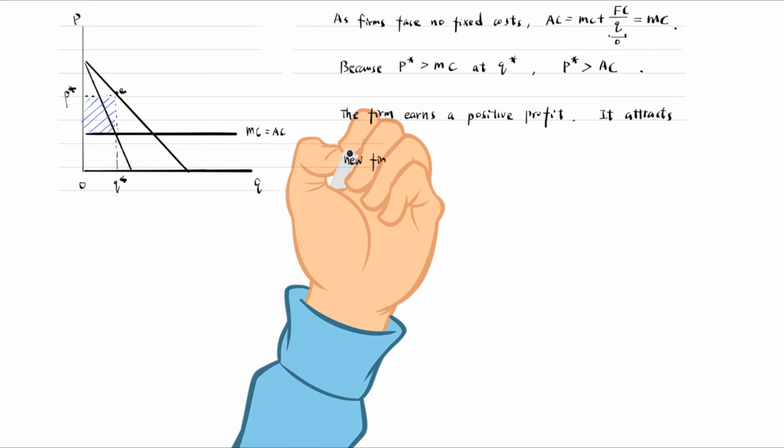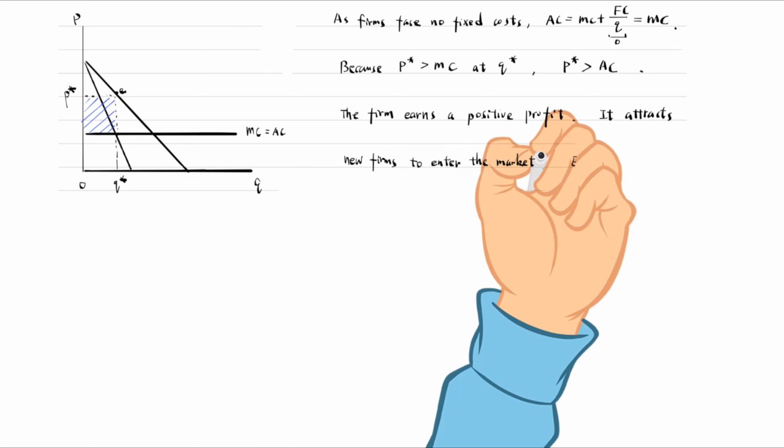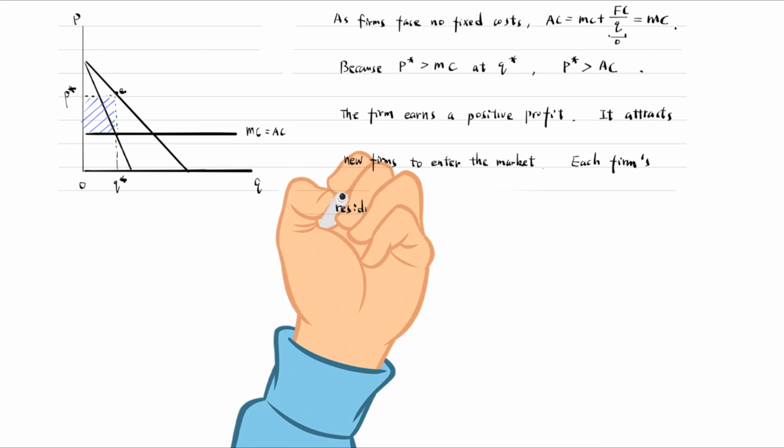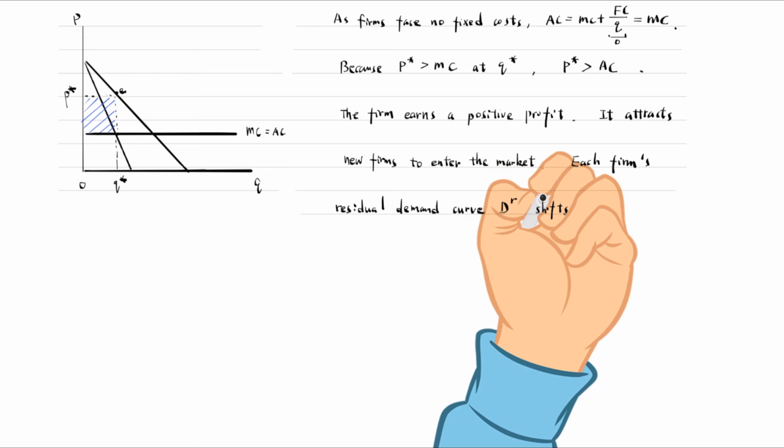The positive profit attracts new firms to enter the market. Each firm's residual demand curve, dr, shifts to the left as a result.